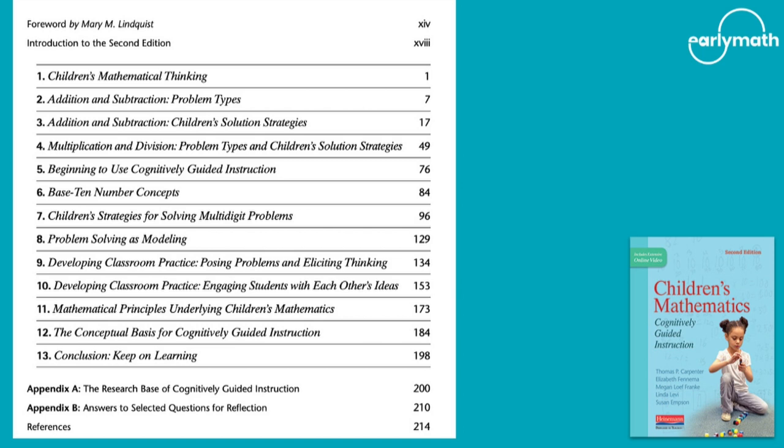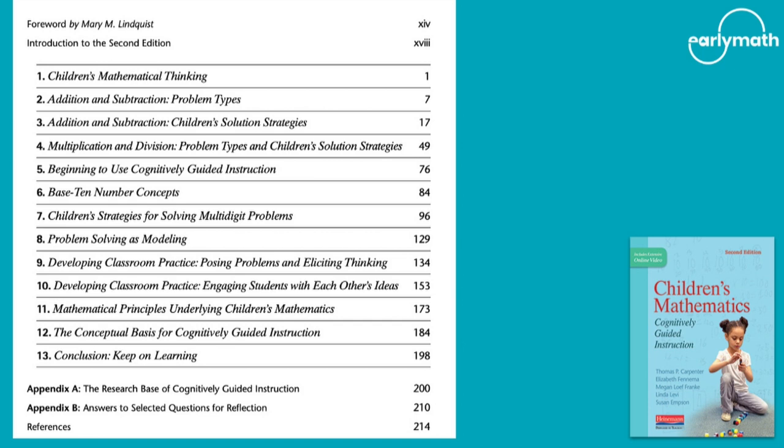And then chapters 8 through kind of the end really get into more ideas about how we are posing problems. How are we eliciting thinking? How are we engaging students with each other's ideas? Where does the distributive property come up, right? What's happening in all of this work?